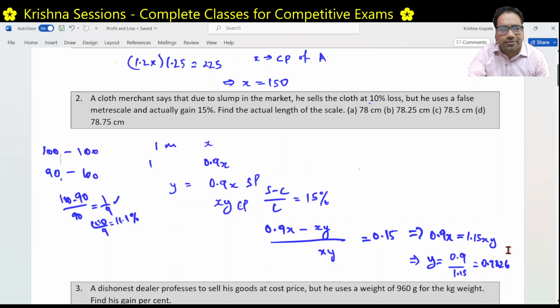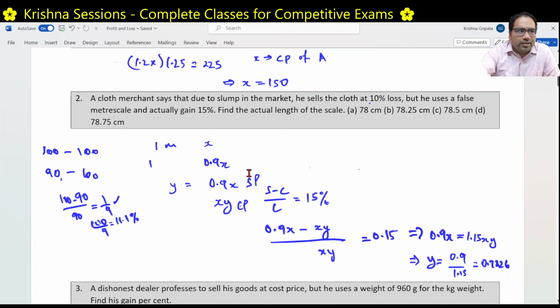That means 78.26 centimeters. What is y? Y is what he is actually selling as 1 meter. In reality he is selling Y, but he is claiming that he is selling 1 meter. So the scale is actually 78.26 centimeters. He is claiming it as 1 meter.